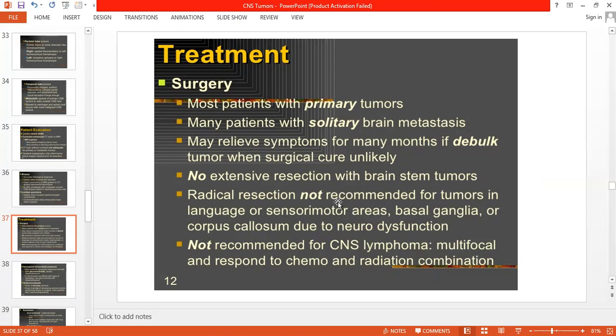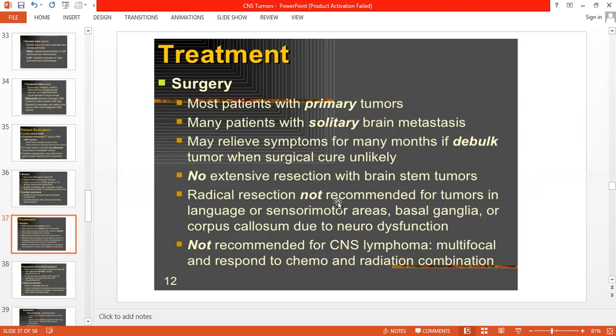Like if total removal is not possible and there is some residual tumor, you have to irradiate or give chemotherapy to those patients. For that, the histopathological diagnosis is important. So surgery is important to debulk and at the same time obtain a biopsy.